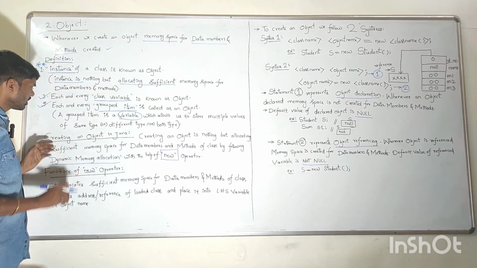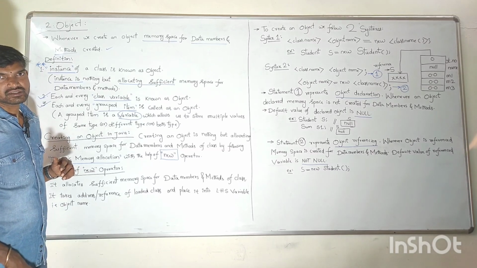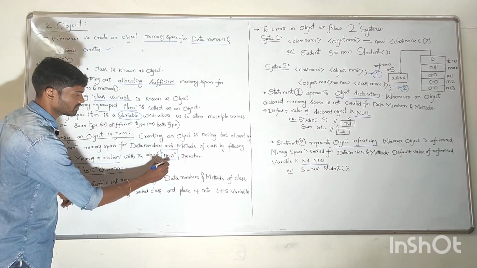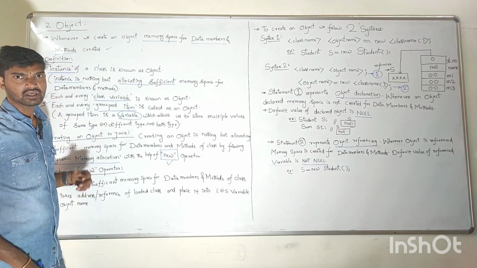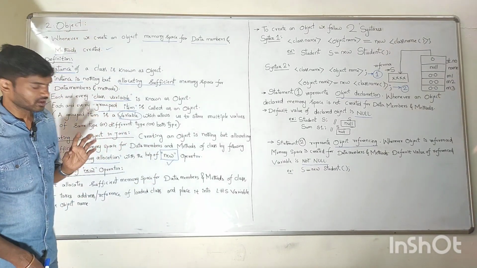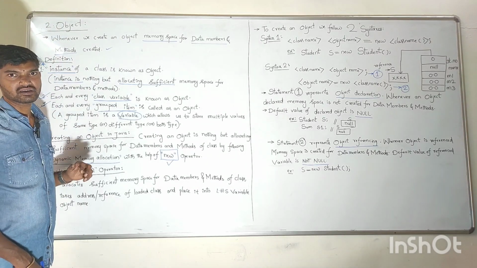Then how can we create an object? We can create an object by using one dynamic operator. That operator is called the new operator. With the help of the new operator only we can create the object. What are the functionalities of the new operator?